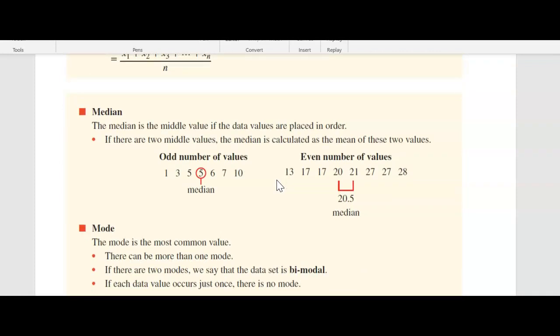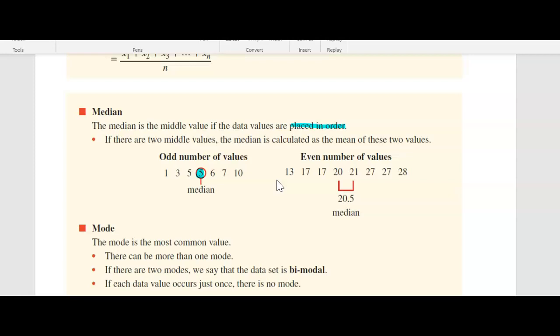To take the median we have to put the numbers in order. You can't take the median unless the numbers are in order. So place them in order and take the middle number. If there's an odd number of values, there's clearly one median.